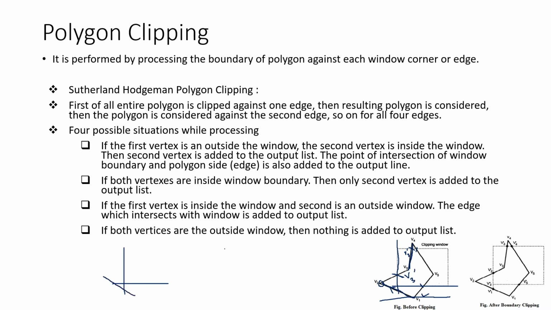But v2 was outside the window. So in the second case, v2 is not going to exist at all. It started from v1 and there is going to be v2 dashed instead from here, and from here it is going to v3, v4, v5 and again back to v1. So this is v1, v3, v4 and v5.